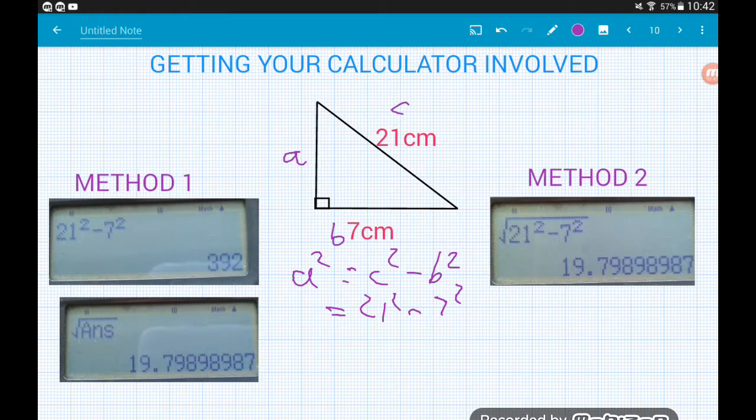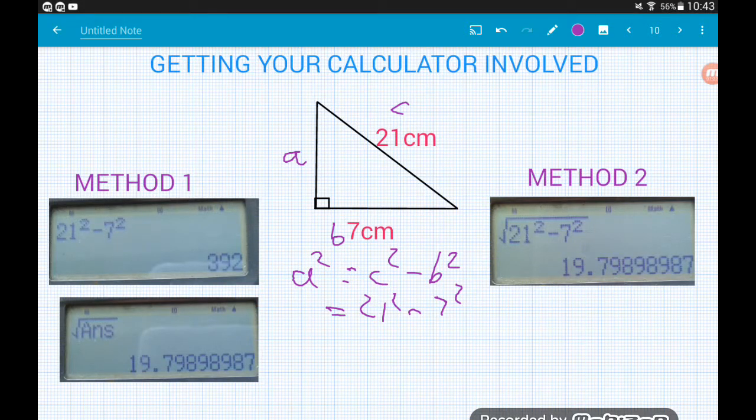Okay, so let's look through the method on the left first of all, method 1. I've done 21 squared minus 7 squared, and that's given me 392. So A squared here is 392. Then I've pressed square root of answer, and that square rooted 392 for me. And that now tells me that A is equal to 19.79898, etc. Or with method 2 on the right, the one-step job, I've square rooted C squared minus B squared from the get-go.